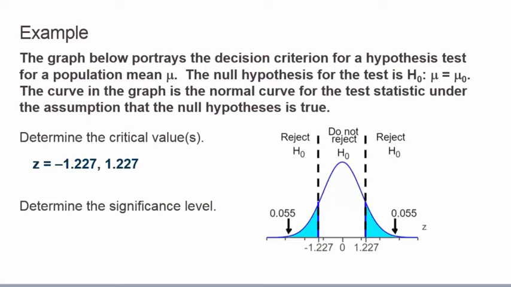We have two areas. The one to the left is 0.055. The one to the right is 0.055. So alpha will equal 0.055 plus 0.055, which is 0.11. Another method to find alpha is to take one of our areas and multiply it by 2.